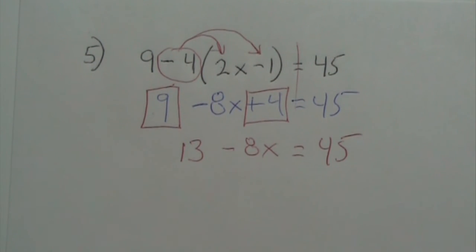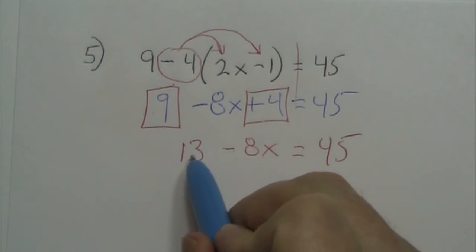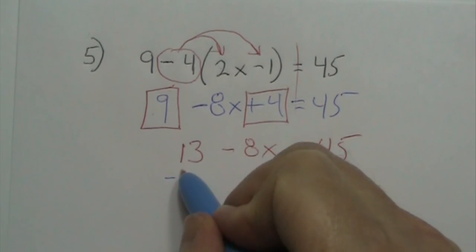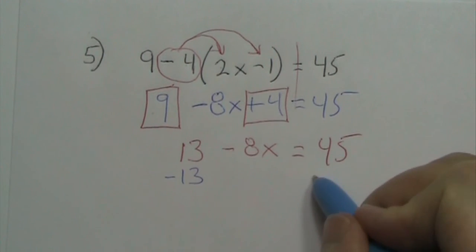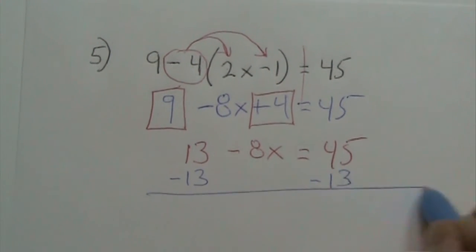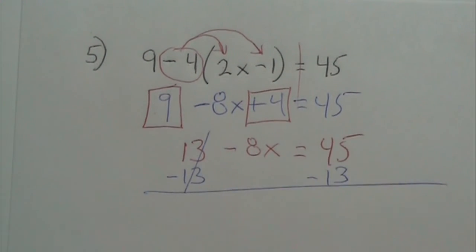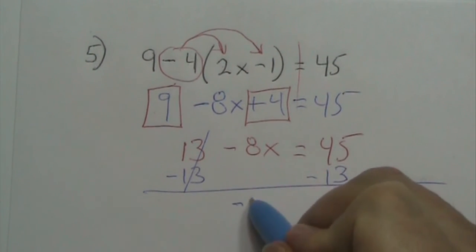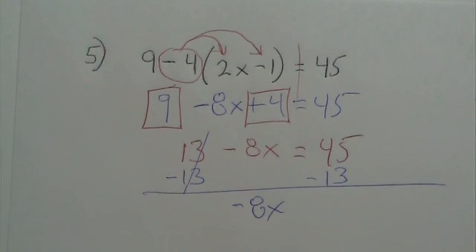Next step, get rid of the constant. Make it a 0. That's 13. I want to make this 13 a 0. If I subtract 13, that's now 0. Bring the rest down.